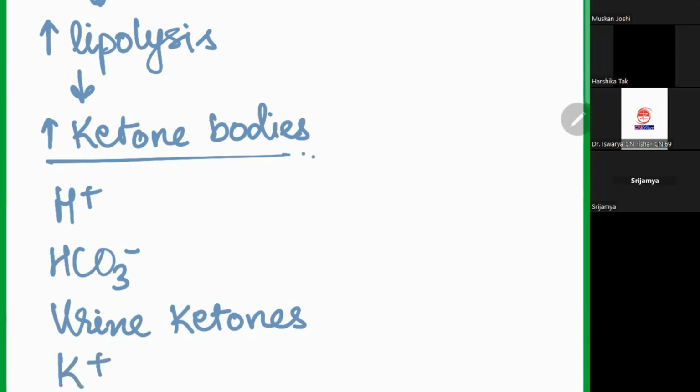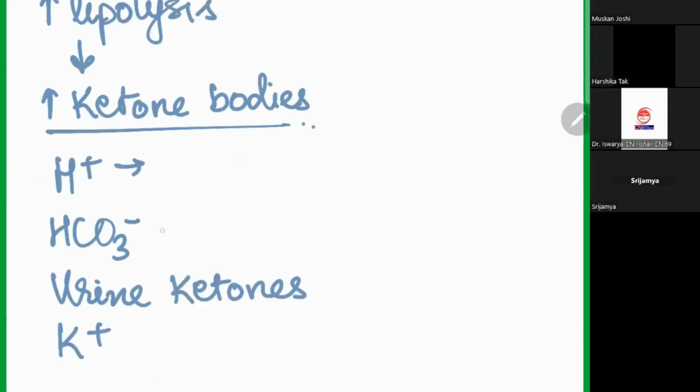So what do you think? What will happen to hydrogen ions? Will it be increased or decreased? It should be increased, I think, because it causes anion gap metabolic acidosis, right? Yes, H plus will be increased. What about bicarbonates? I think it should be low, because you have more bicarbonate excretion.